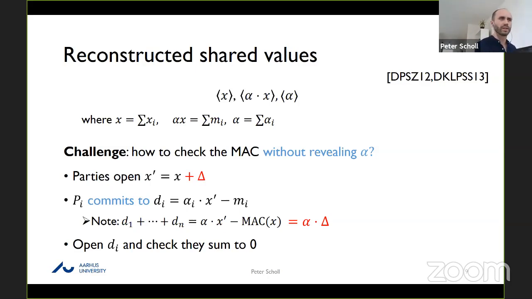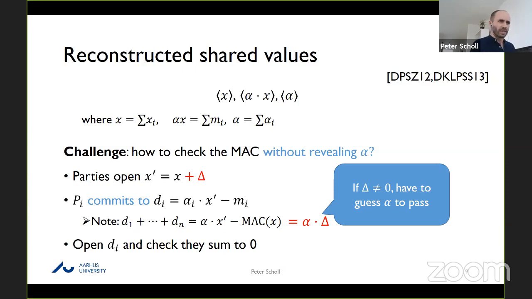And since we're in a large finite field, if an adversary can come up with some corrupt shares d_i to make this MAC check pass, then they must have guessed alpha times delta. The only way they can do this is by guessing alpha. This is the part where we assume that (a) we're in a field, and (b) we're in a large finite field. There are ways to work around these two things, but I won't go into that now.